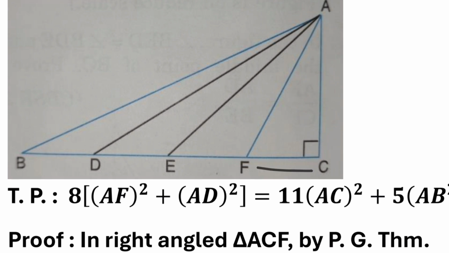Now this FC is 1/4 of the total BC, because there are 4 equal parts and FC is only one part out of 4. So we write FC = BC/4.